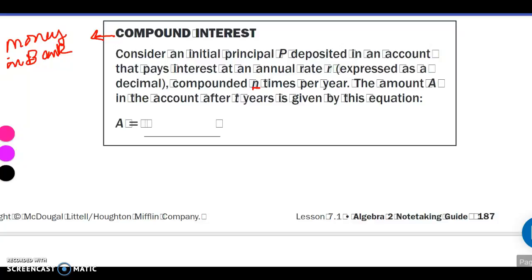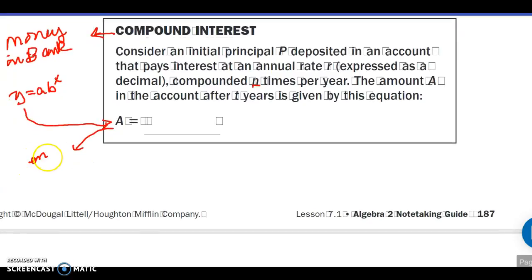Okay, so the formula for this is related to our good old y equals a b to the x. It really is. It's just going to look a little different. So instead of y, we see A. And this A stands for the ending amount. So at the end of the time, that's how much money you have.